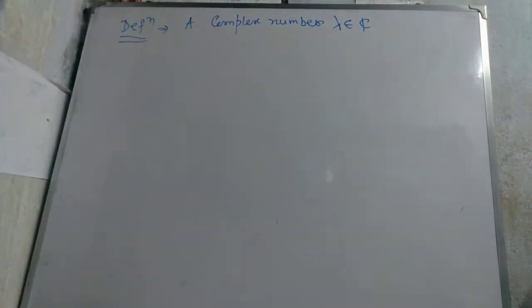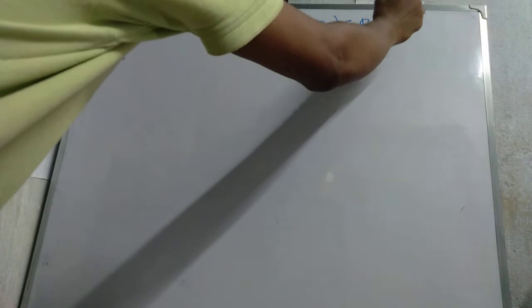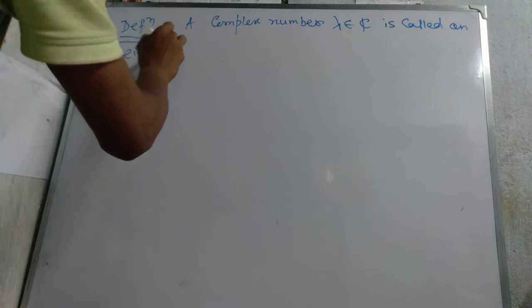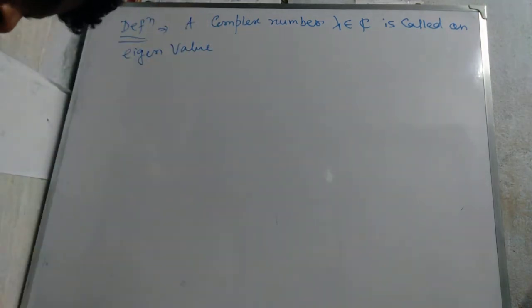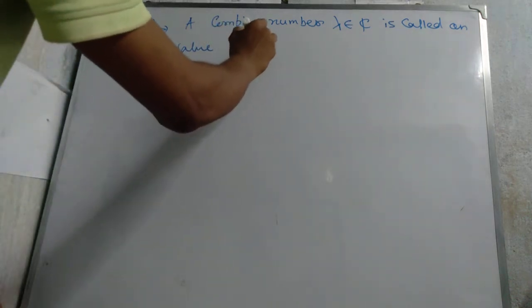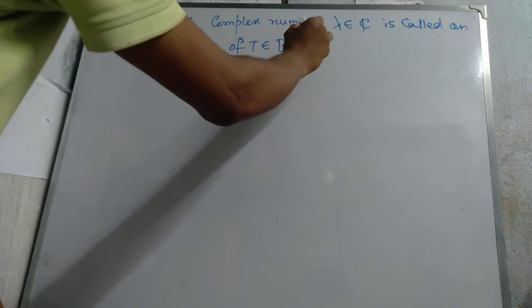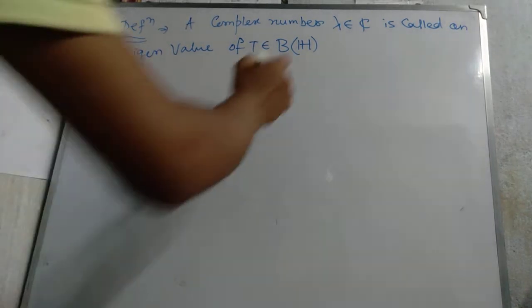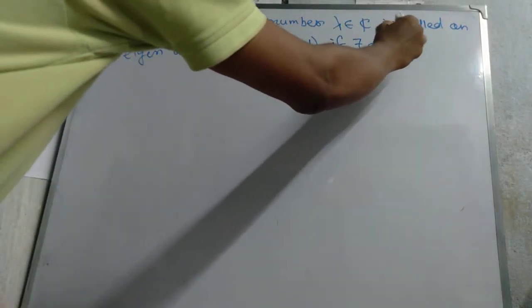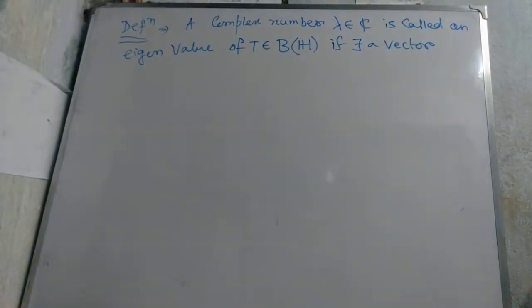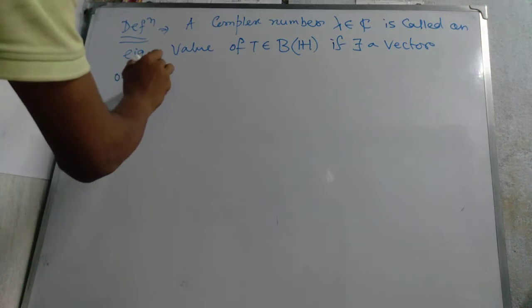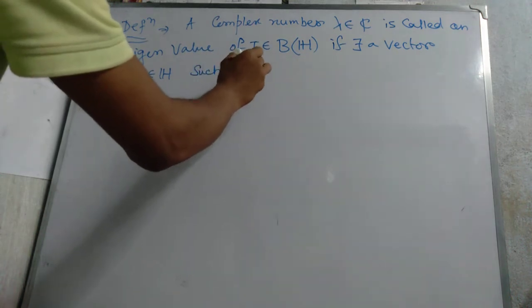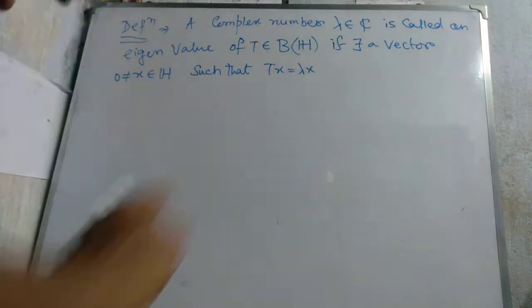A complex number lambda belonging to C is called an eigenvalue of T belonging to BH if there exists a vector x belonging to H, x not equal to 0, such that Tx equals lambda x.